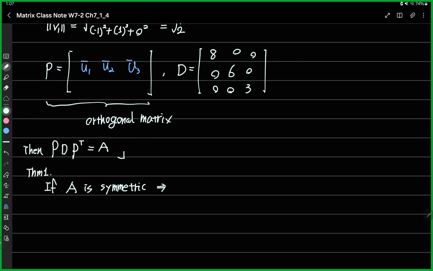Theorem one is if A is symmetric, then any pair of eigenvectors from distinct or different eigenspaces are orthogonal. Okay, distinct eigenspaces means that these eigenvectors are from different eigenvalues.